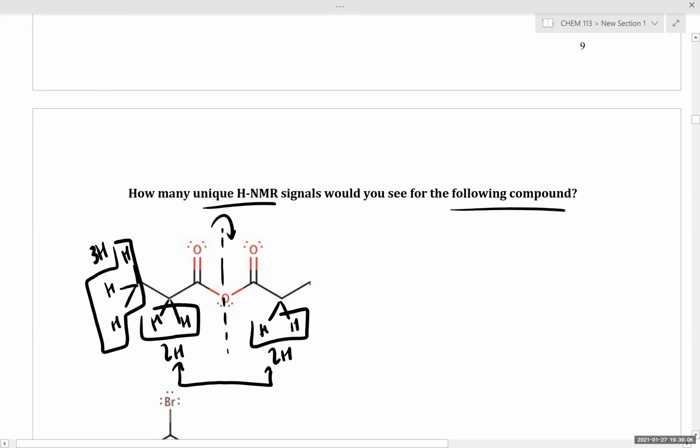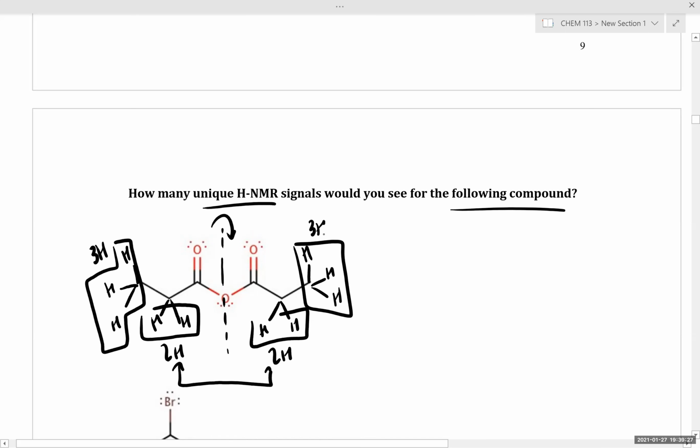Does everyone see that? That these 2 hydrogen sets are equivalent? How they're indistinguishable via rotation? Yes. By the same token, these 3 hydrogen groups on each side are also identical.